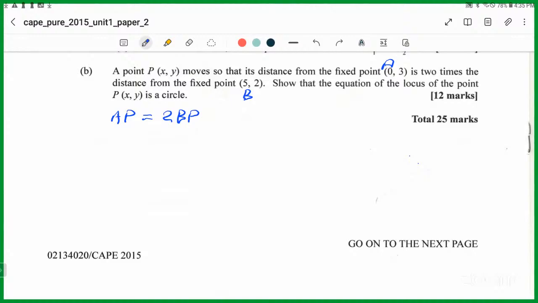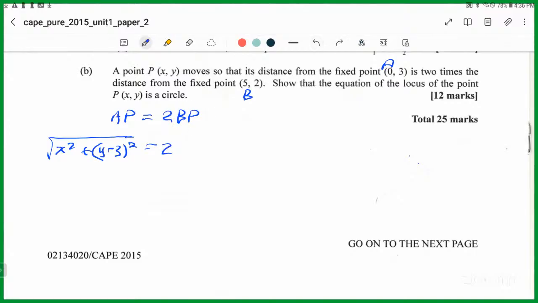It will be the square root of (x minus 0) which is x squared, plus (y minus 3) squared, equals 2 times BP.